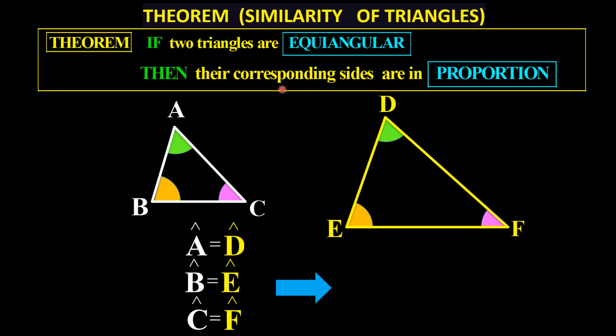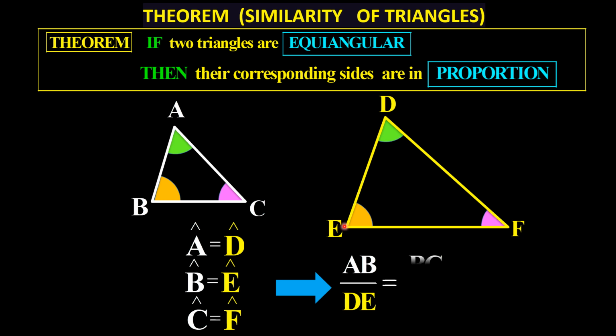Now what do we mean by that? Corresponding sides: if I take AB, AB is opposite angle C, and C is exactly the same as angle F, and the opposite side there will be DE. So AB and DE correspond.